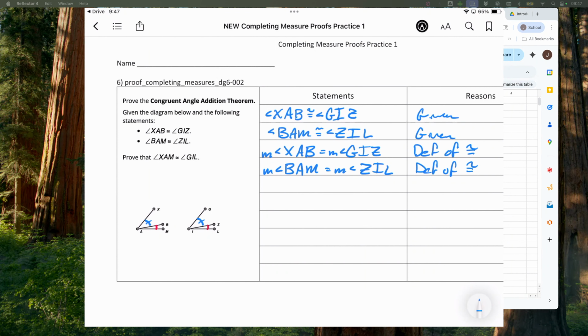And so now that we've got that their measures are the same, we can make statements about adding them together to form the big angle on the left and the big angle on the right.